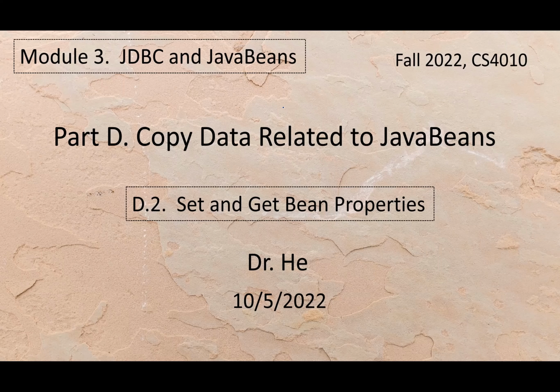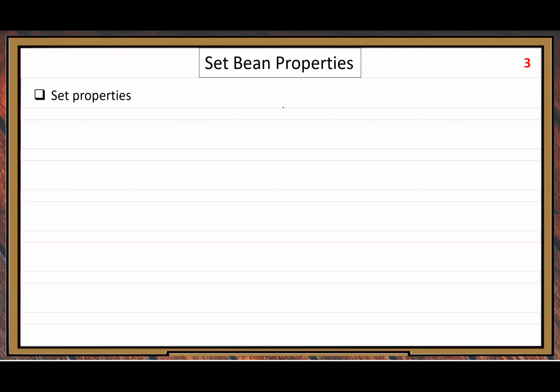D.2, set and get bean properties. Next, we need to access the data to and from a bean related to its properties. Set properties, setters, getters.